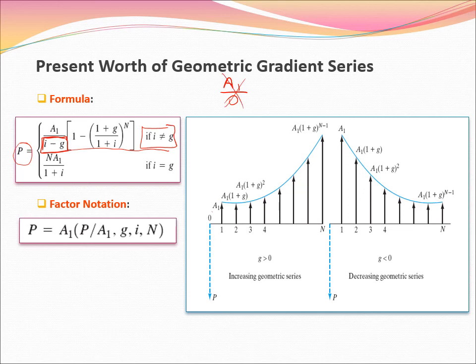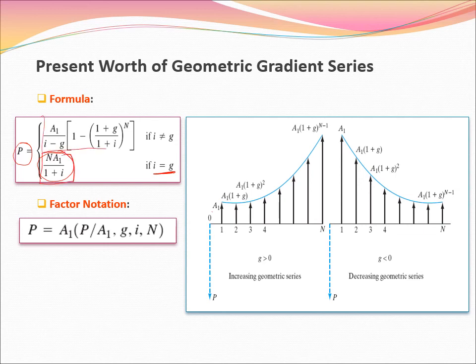Therefore, we find this case in a different way, as shown here at the second part of the formula. So if the interest rate is exactly equal to the increase rate of the payment series, then we use this formula.